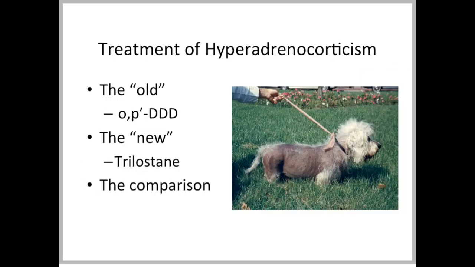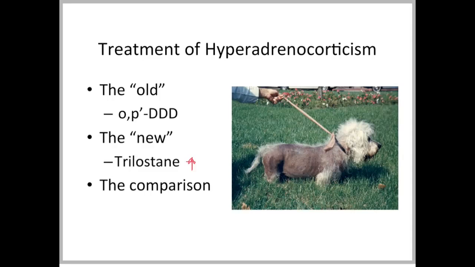So as I said, we will have two units focused on first OP prime DDD and then trilostane in a comparison. But I wanted to introduce you to the fact that these are the most common two drugs that are being used right now in the dog, with trilostane sort of increasing in favor because of an approved drug.